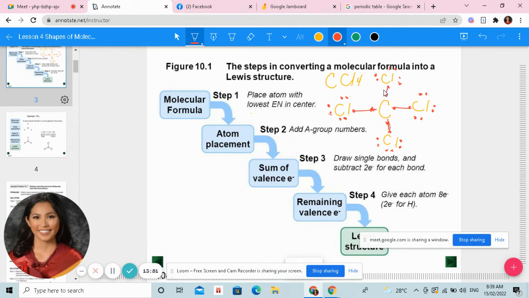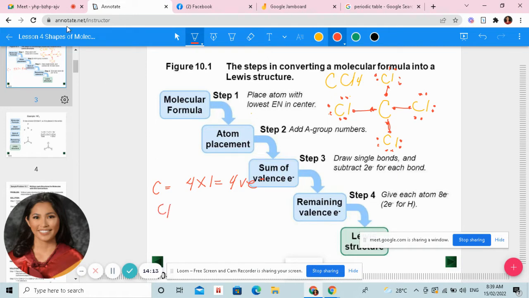So in order to check if your answer is correct, we will calculate the number of valence electrons. Now, for carbon, how many valence electrons? We have four. Then we only have one atom of carbon, times one, that is equal to four valence electrons.